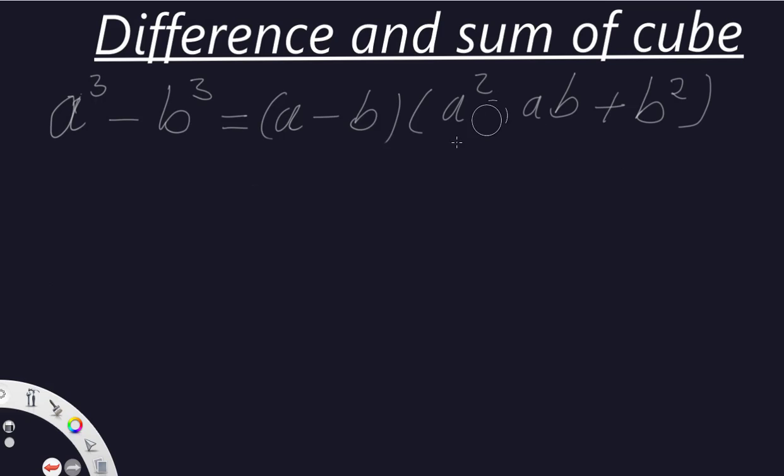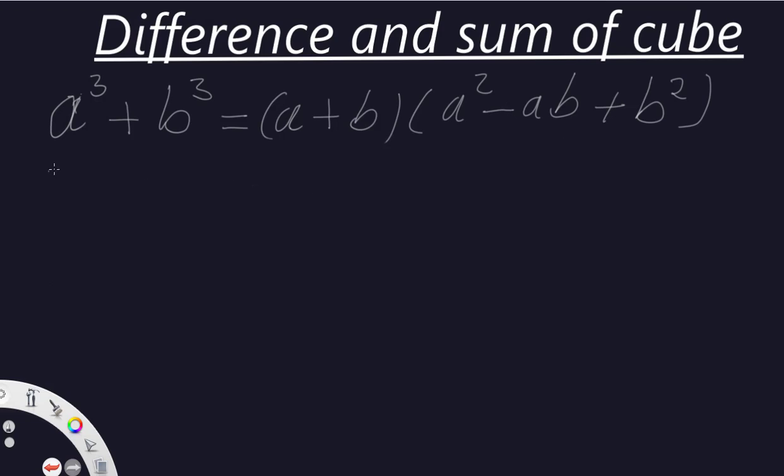If this is a sum, which means here will be plus, and here also will be plus, and here will be negative. Can you see the difference? Simple. A cube plus b cube will give us a plus b, bracket a squared minus ab plus b squared.